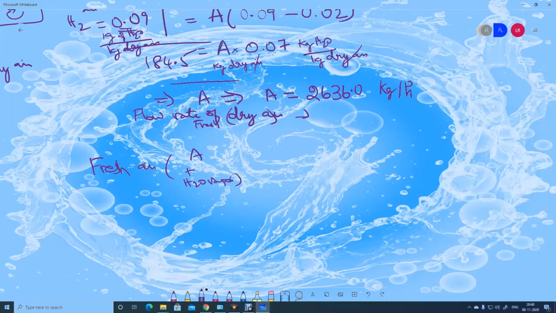Fresh air contains A amount of dry air plus this much amount of water vapor. So what is the moisture? We can find out the amount of moisture associated with fresh air.